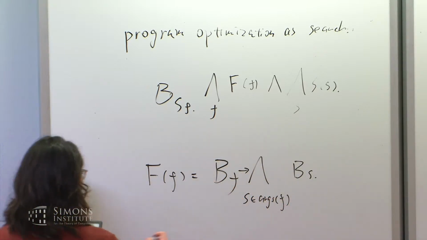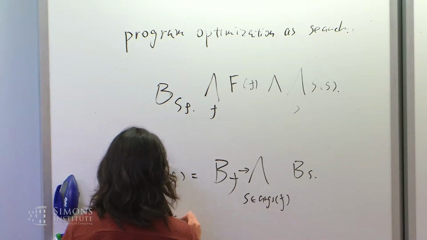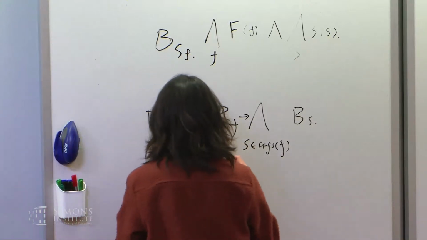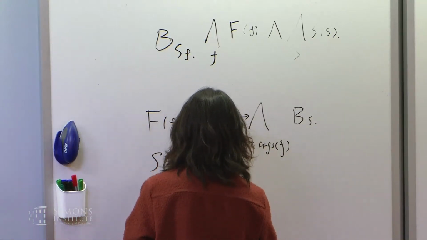Right. And then if we pick a state, then we have to make a choice of which child of that state we want to also pick.